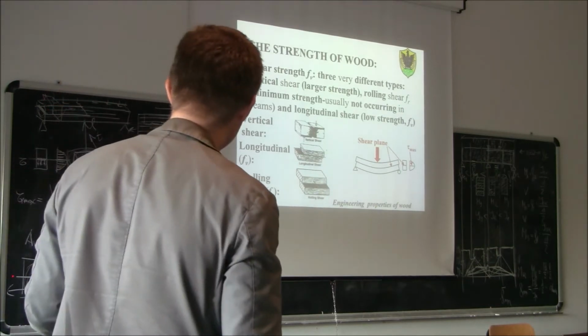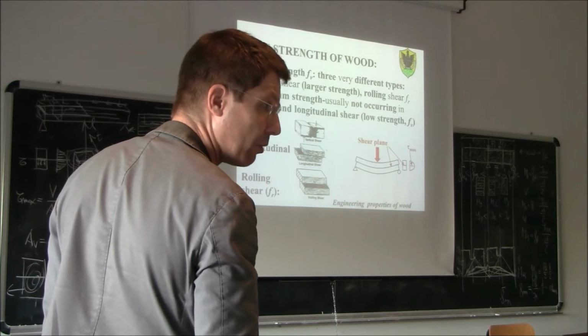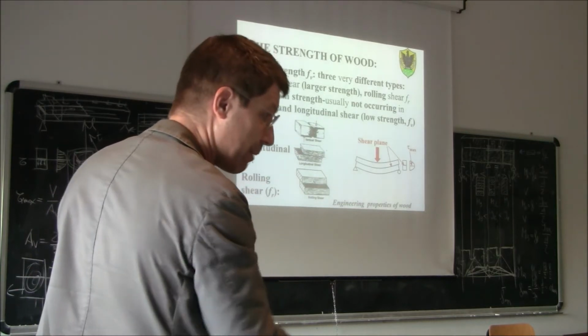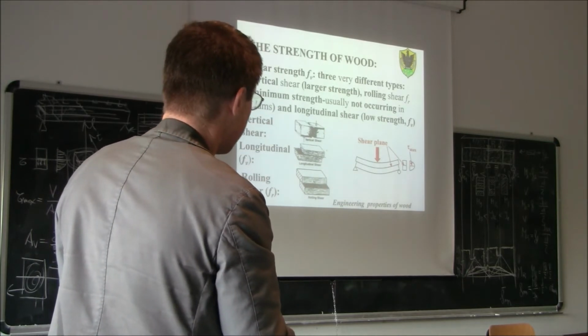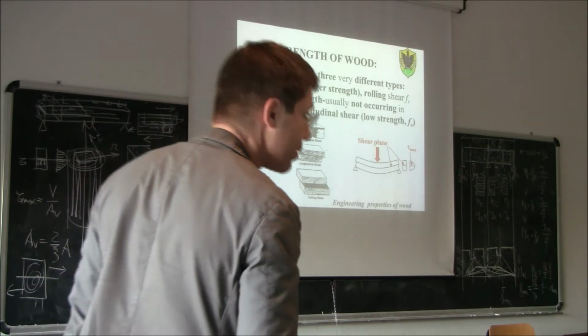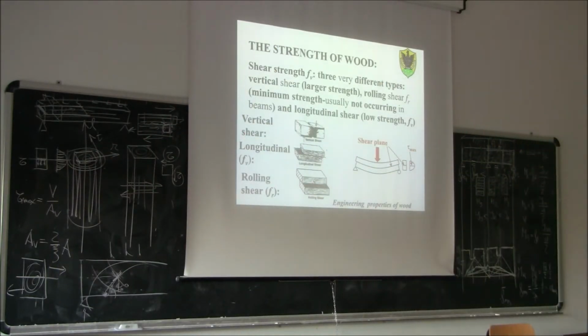In this case, the shear resistance of the timber is even lower. Basically, this would be a shearing of the beam in the tangential direction. So this is called rolling shear resistance, or in Italian, literally, taglio da rotolamento.